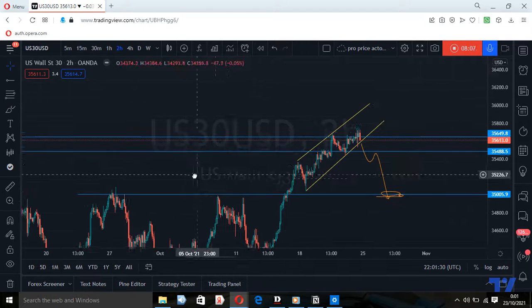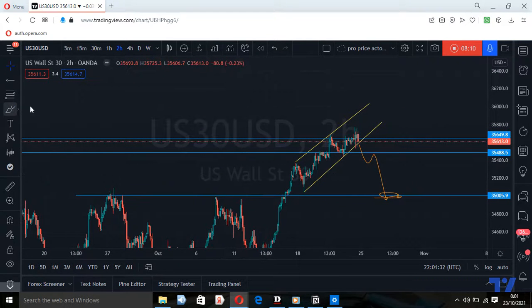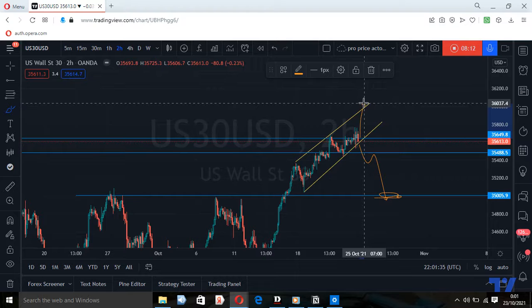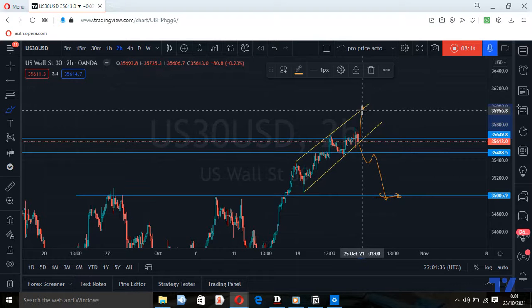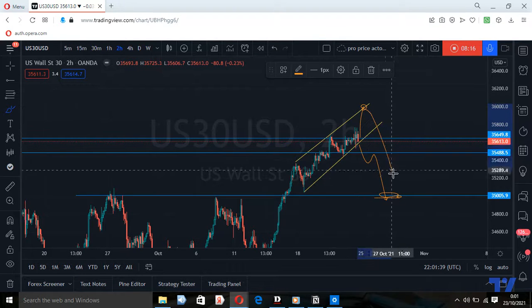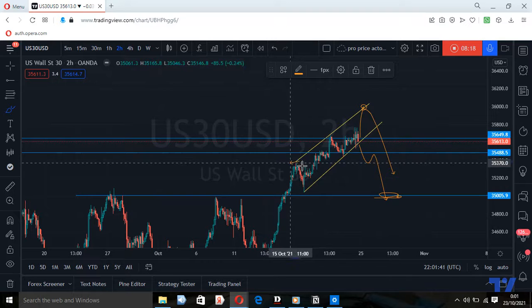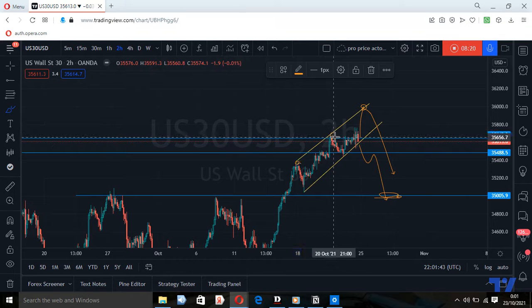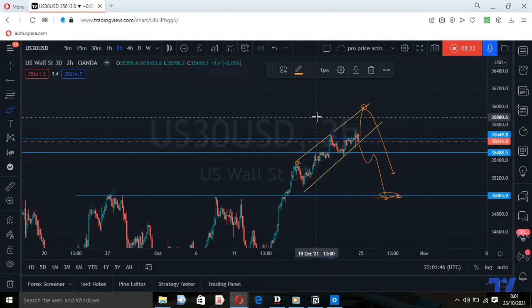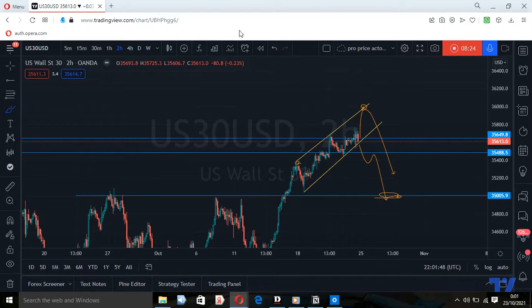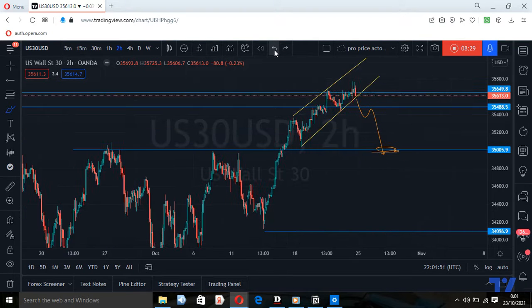It seems like USA 30 is in an uptrend. If it moves to this level, we're not going to take any trade, but you can see it is creating a third touch, because we have our first touch, our second touch, and this one may be a third touch. We're not anticipating anything here, but we're looking forward to take a trade if it breaks below.